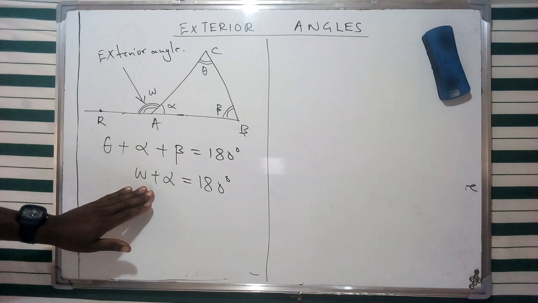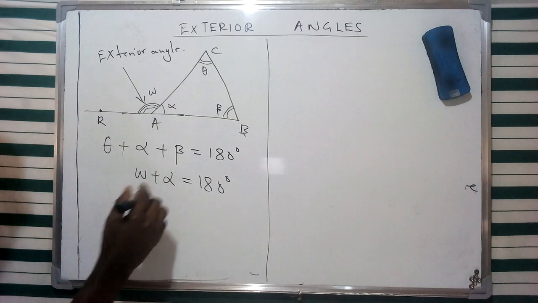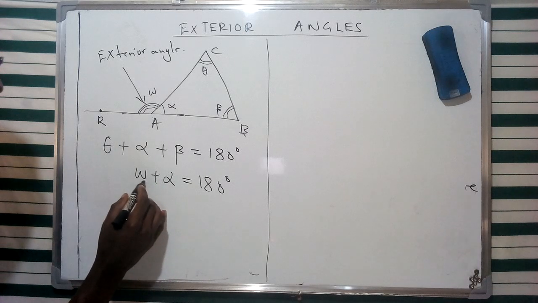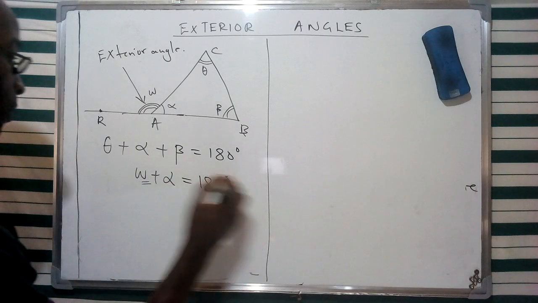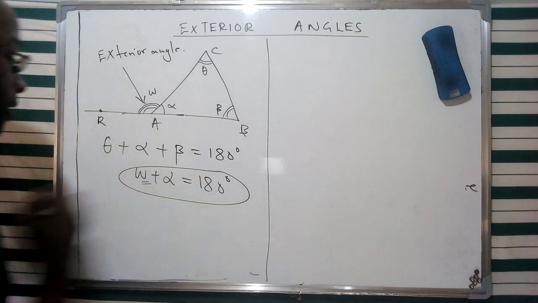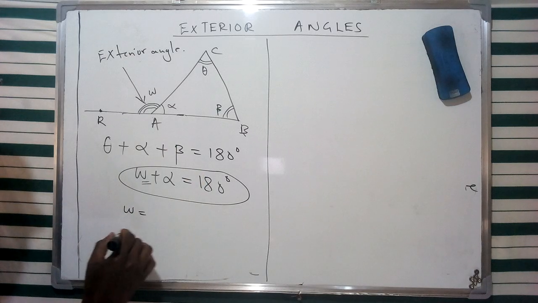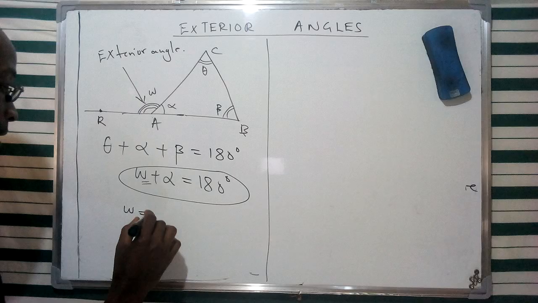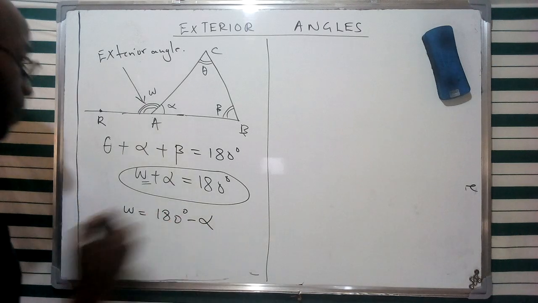So from this specific conclusion, we can see that if we do a substitution for omega, then we can describe omega, which is the second part of the equation, in terms of the first one, whereby omega is equivalent to 180 degrees minus alpha.